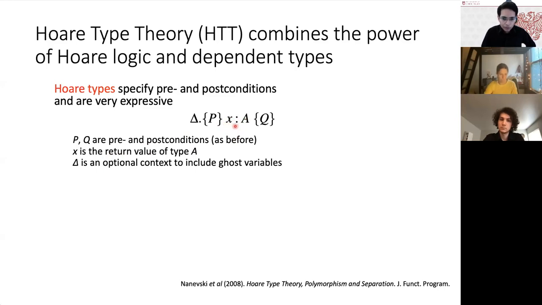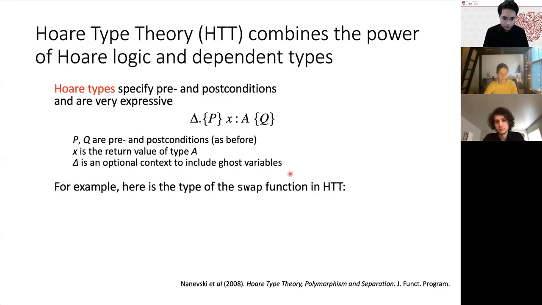Instead of the program itself or the command, we write the name of the output, x, along with its type. So x colon a is the representation of a variable and its type. This is the form we'll use in a Hoare type. And finally, there's a context sometimes attached to the Hoare type to bind ghost variables that we saw before.